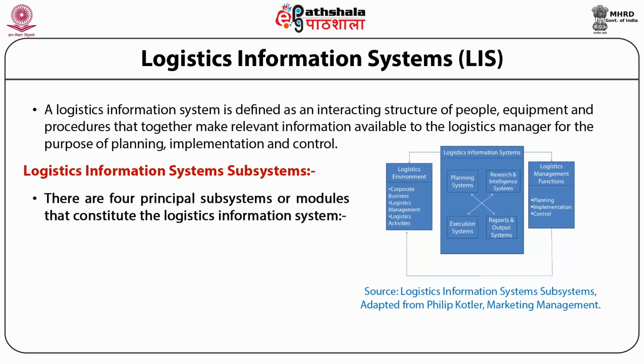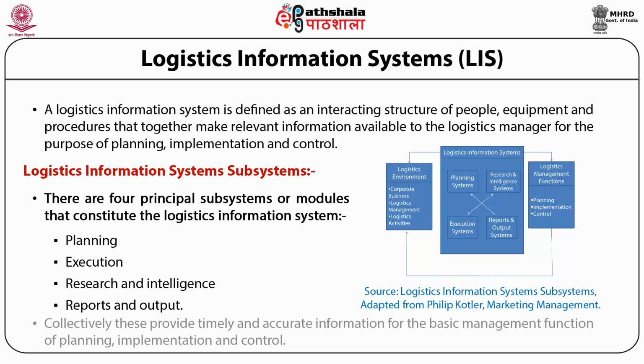There are four principal subsystems or modules that constitute the logistic information system: planning, execution, research and intelligence, and reports and output. Collectively, these provide timely and accurate information for the basic management functions of planning, implementation, and control.